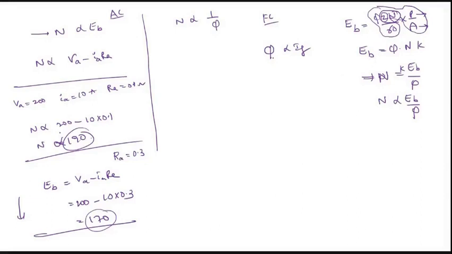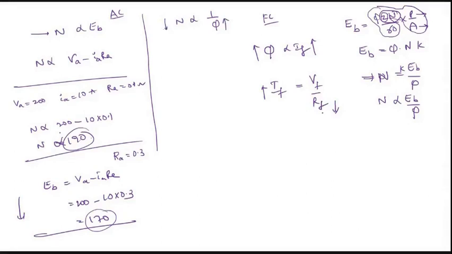Flux is proportional to the field current, and field current equals VF by RF, field voltage over field resistance. Suppose RF is a minimum value, the field current is high. If the field current is high, the flux is high. If the flux is high, the speed will be reduced. So in order to get minimum speeds, the field rheostat should be minimum.